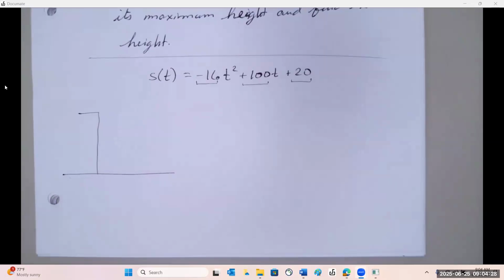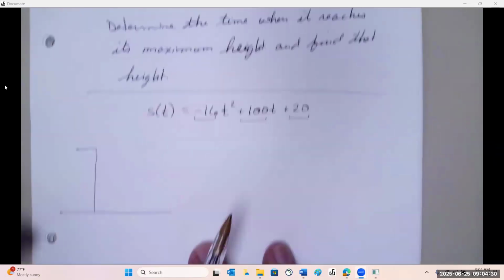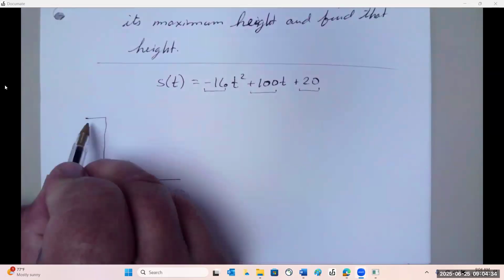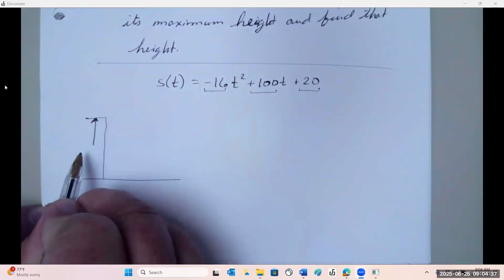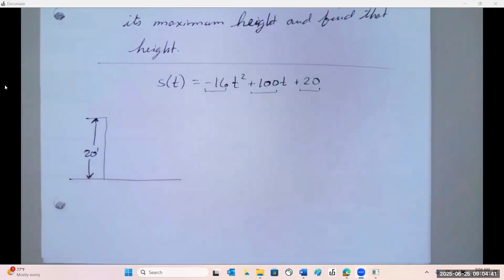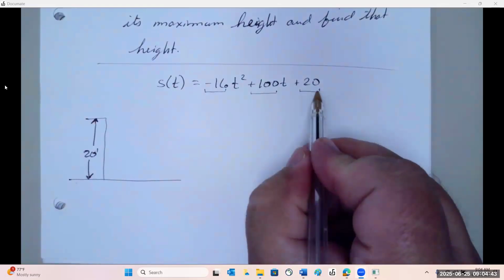Here we have a hill. What do we know about the top of the hill? It's 20 feet high. So from here to here, it's 20 feet. Well, that's what that is. That's your initial height, your starting position.